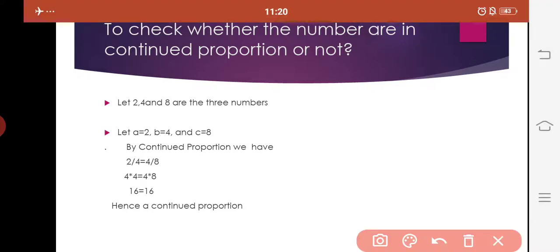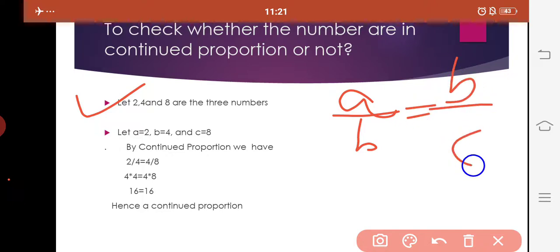Now, if it is asked to check whether numbers are in continued proportion or not, let us deal with one example. Let 2, 4 and 8 be the three numbers. We already know that in continued proportion, A upon B is equal to B upon C. Just learn it by heart. This is the condition for continued proportion.